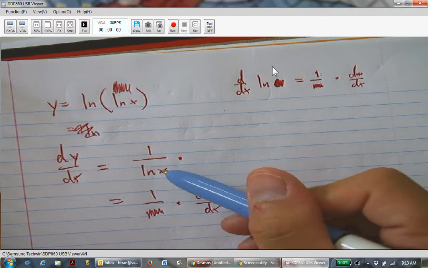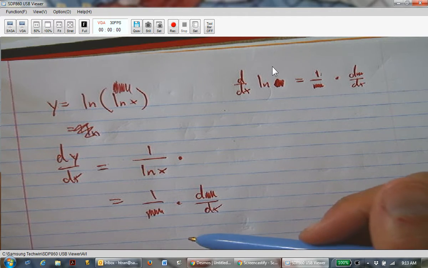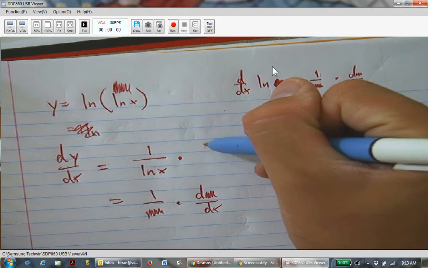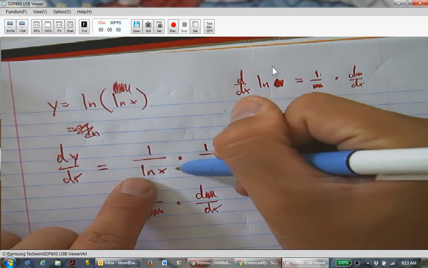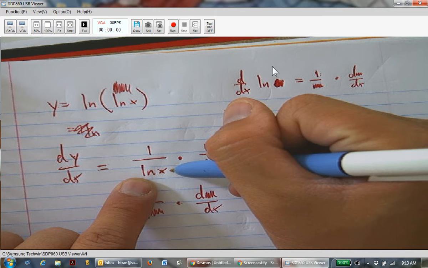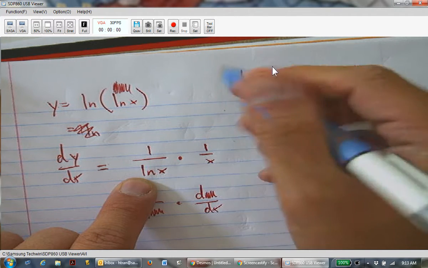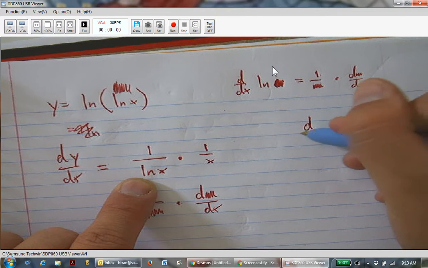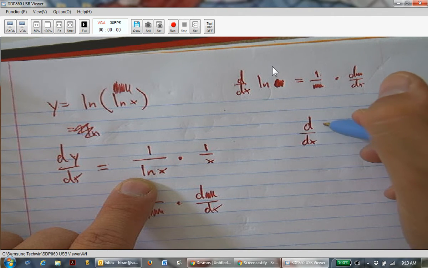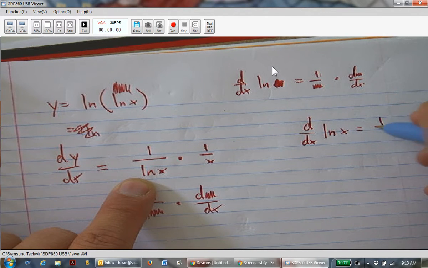What is the derivative of this blob, ln of x? To make it simpler, the derivative of ln of x is just equal to 1 over x.